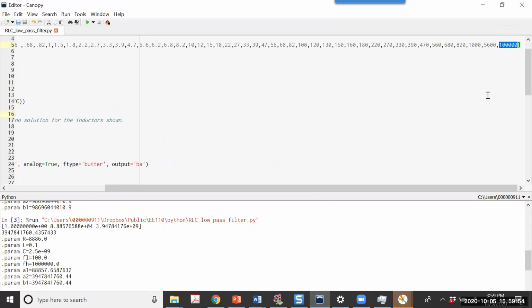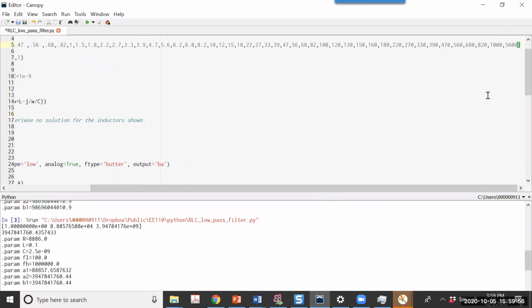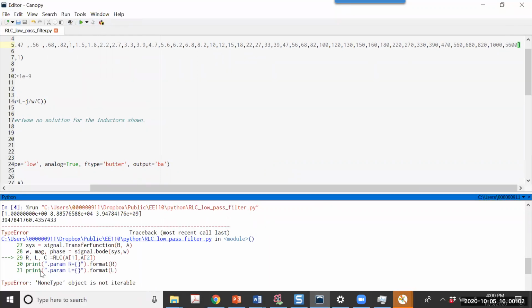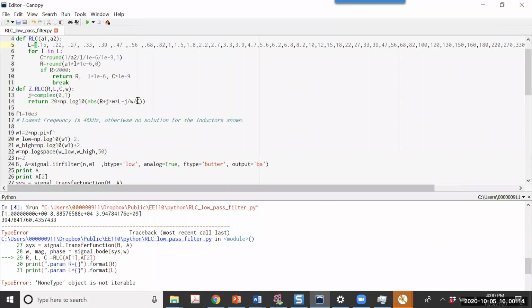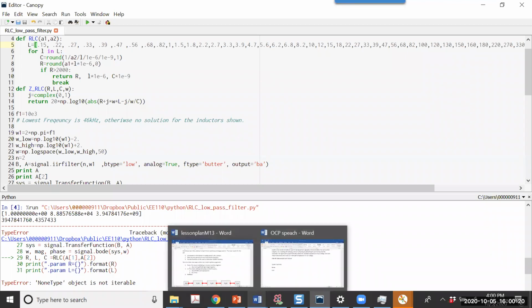I put in a made up value here the other day. At best, 5.6 millihenries is pretty much what you can do. So now I didn't use fancy software to check for this condition, but my program won't run because for the inductor values created, I can't create a resistance over 2K, right? And then I have to go back and rethink my design.